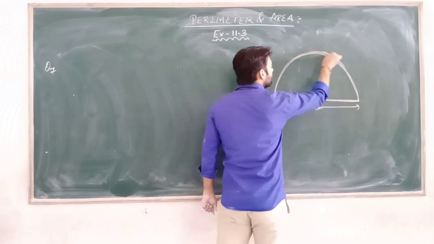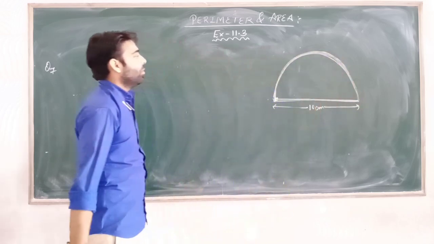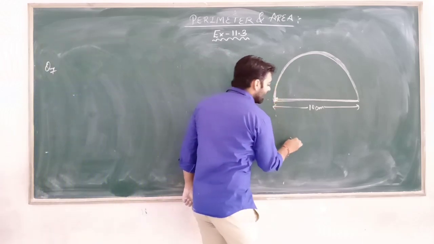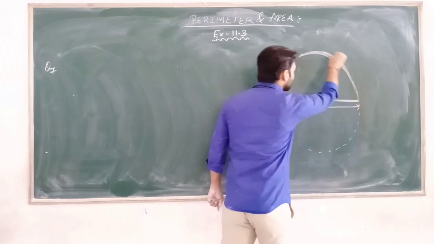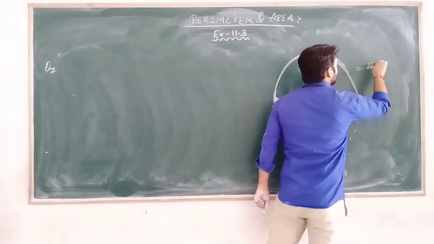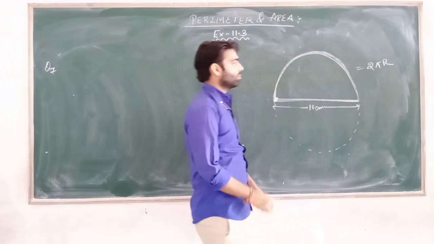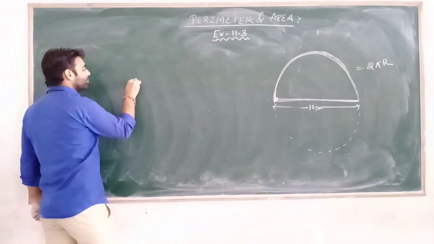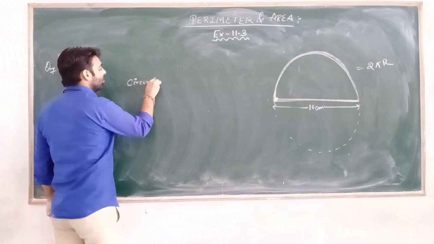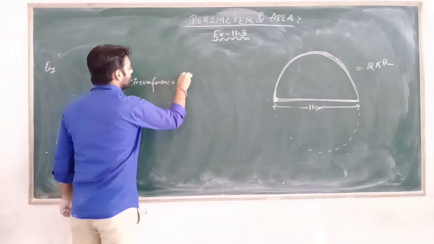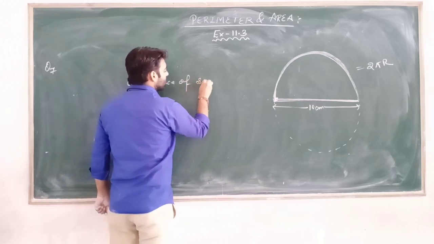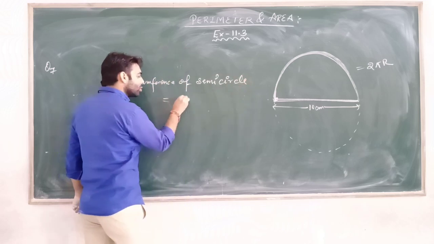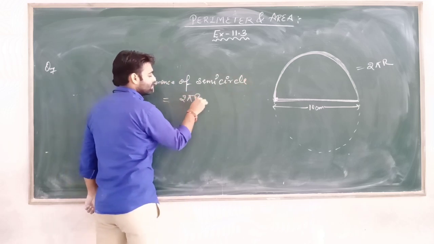What is this value? For a complete circle, suppose that the circle has been completed, the length of this will be equal to 2 pi r. But the circumference of a semicircle will be equal to half of 2 pi r.